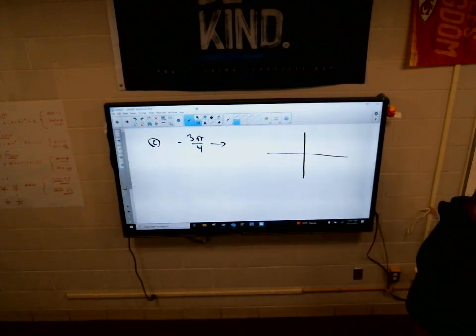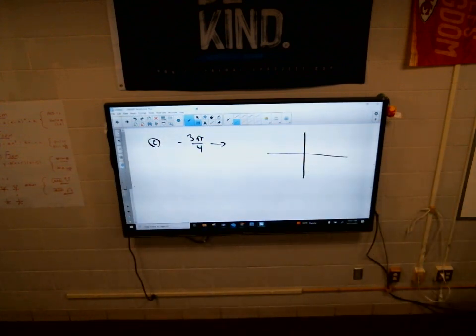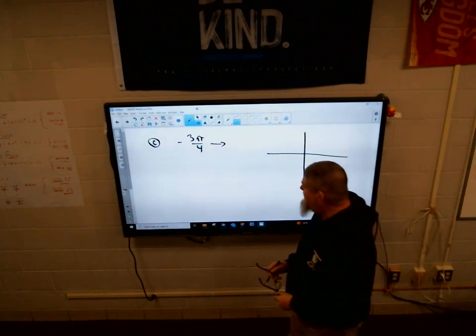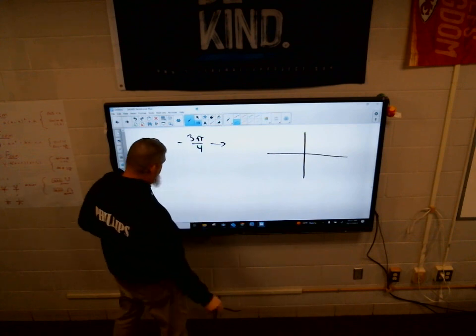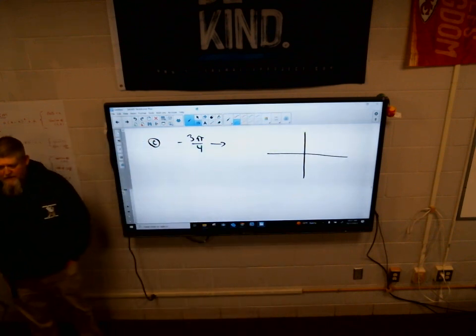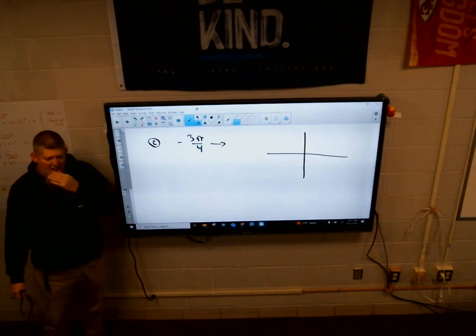So it's negative 540 over 4, right? Which reduces to.